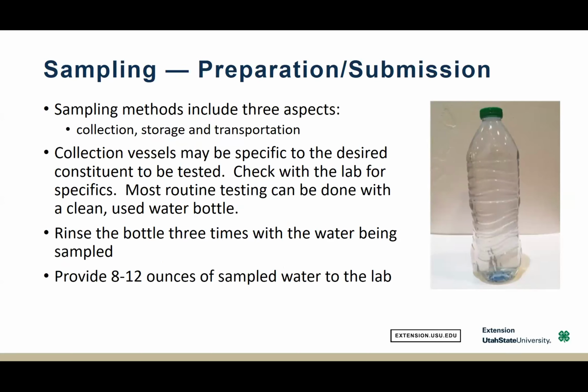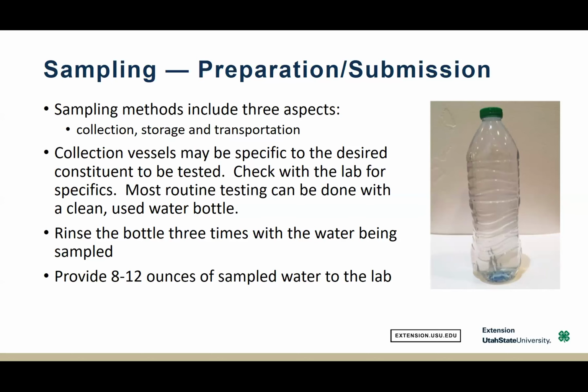Sampling methods include really three aspects: the collection of the water, the storage of that water, and its transportation or submission to the laboratory. Depending on the kind of test that we're looking for, some specific analyses require a very specific type of collection vessel.